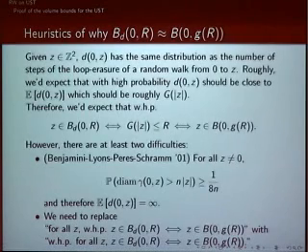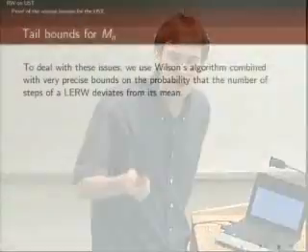We have to show that this is true for all z simultaneously. In other words, we need to invert some quantifiers. Instead of showing that for all z, with high probability this is true, we have to show that with high probability, for all z, that's true. So we'll deal with these difficulties one at a time.